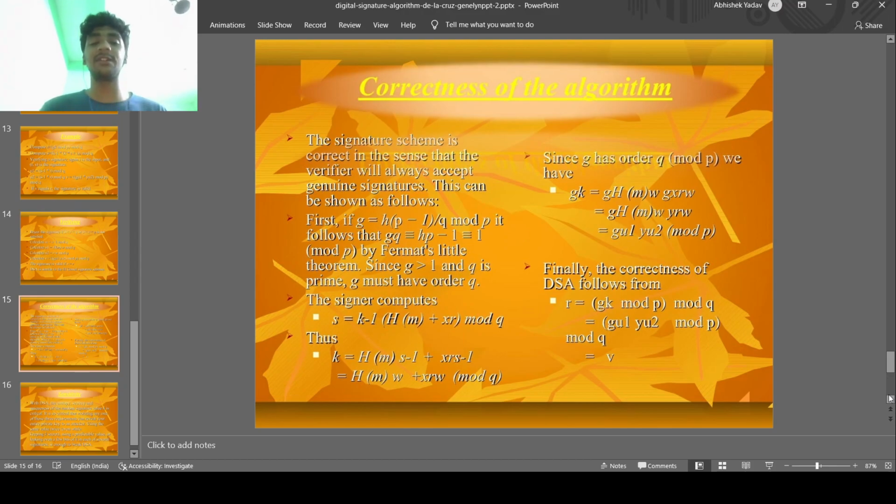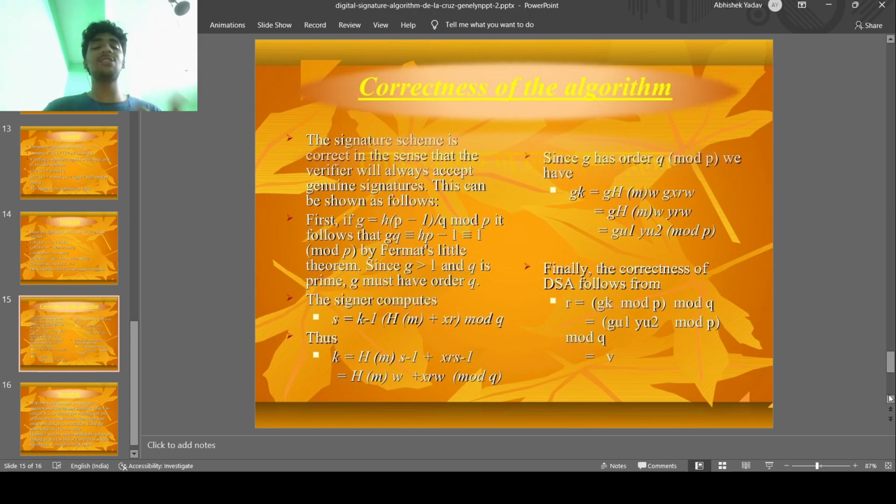Now, the correctness of the algorithm. The signature scheme is correct in the sense that the verifier will always accept genuine signatures. This can be shown as follows. First, if g equals h raised to (p minus 1) upon q, mod p, it follows that g raised to q equals 1 mod p by Fermat's little theorem.